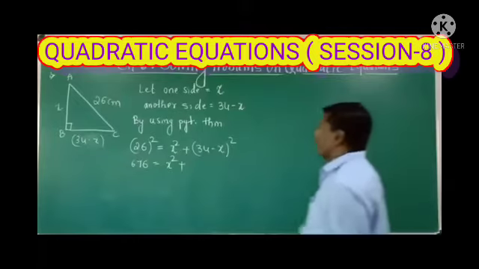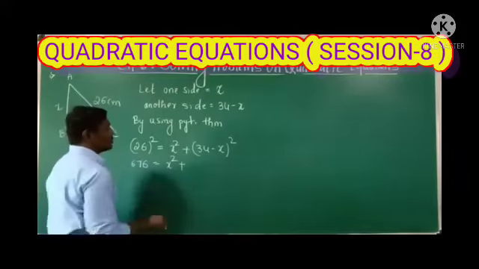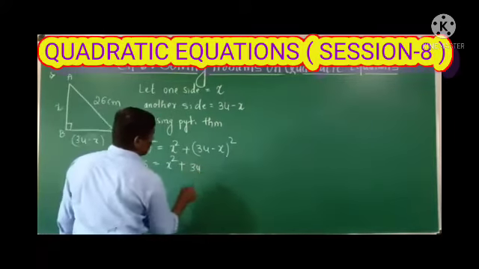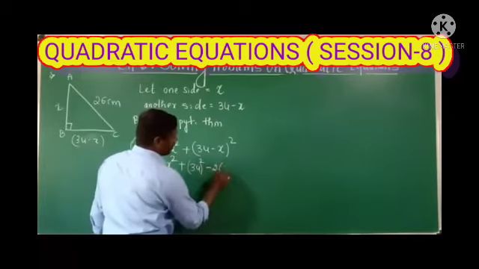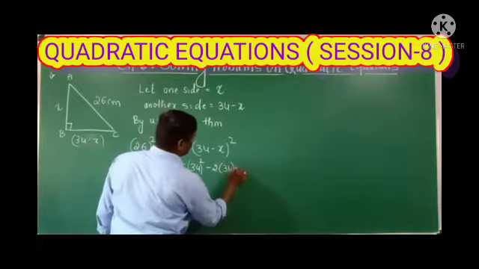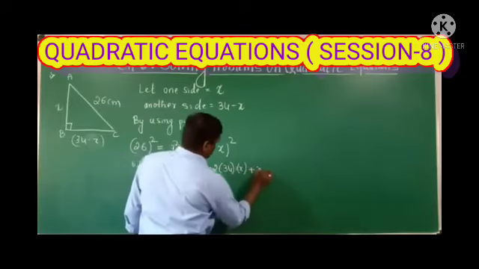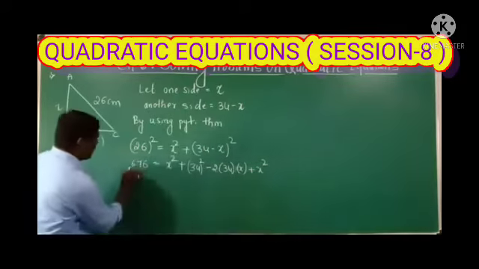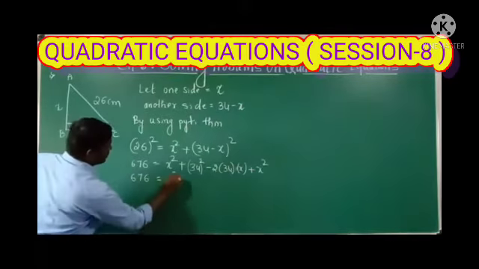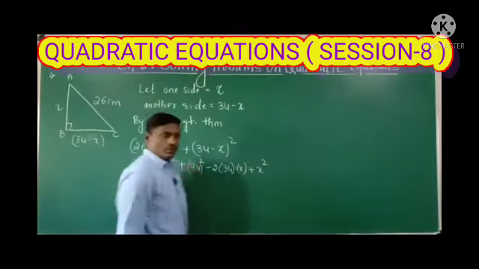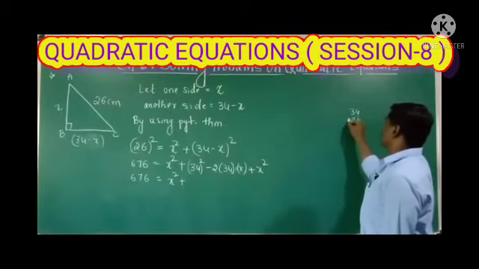So simplify the second term with the help of A minus B whole square: 34 square minus 2 into 34 into X plus X square. Write this 26 square as it is, 676, which is equal to X square plus 34 square.